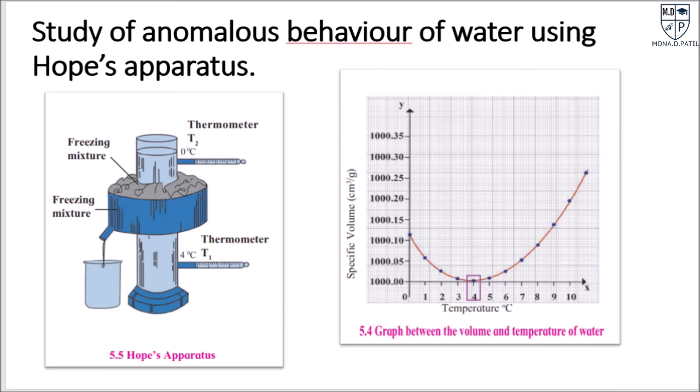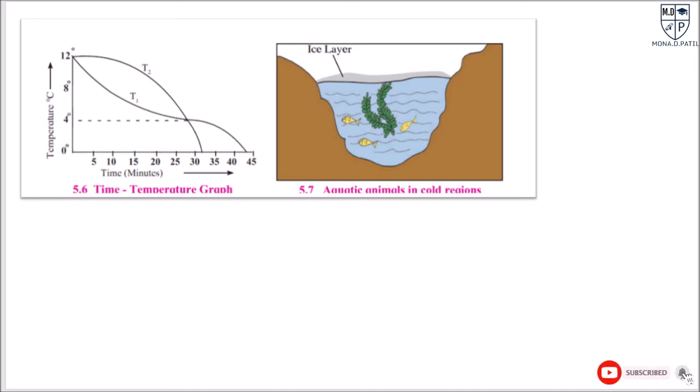From this experiment we understand how animals or plants can live under the ice layer in cold regions. In a pond, the upper surface is at 0 degrees Celsius but the lower part maintains a temperature of 4 degrees Celsius, and this is the anomalous behavior of water we have studied here.